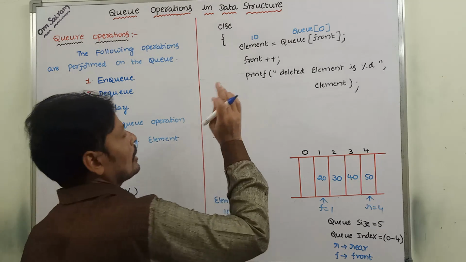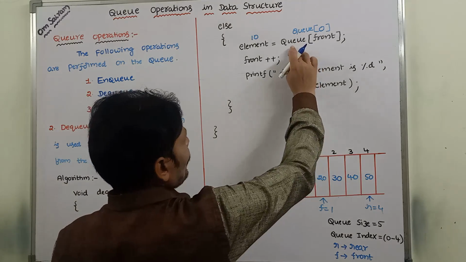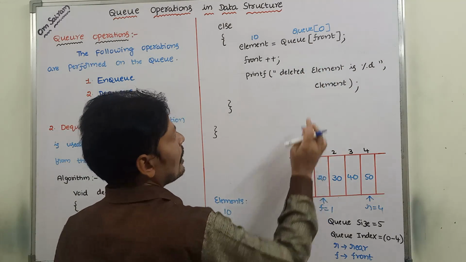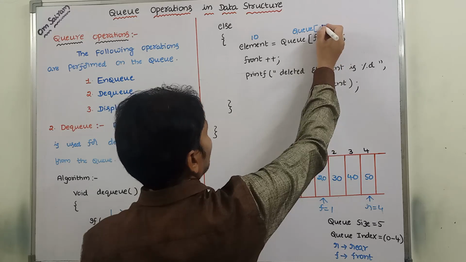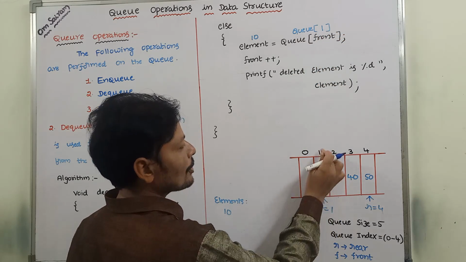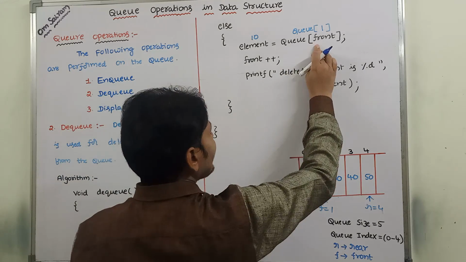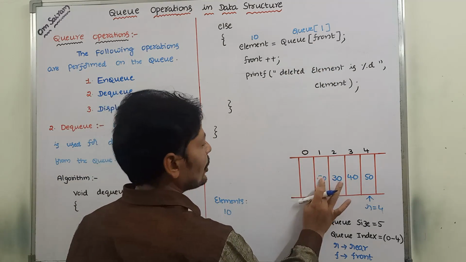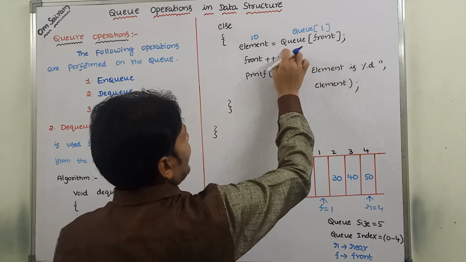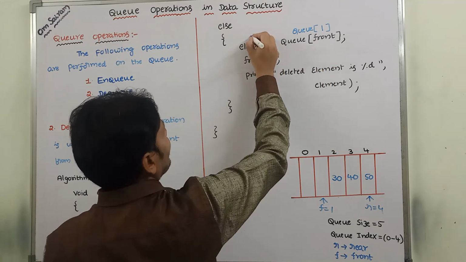In the else block, now queue of front value is 1, so queue of 1. What is the queue of 1 contains? Queue of 1 contains element 20. That element 20 can be deleted from the queue, that can be assigned to the variable called element.